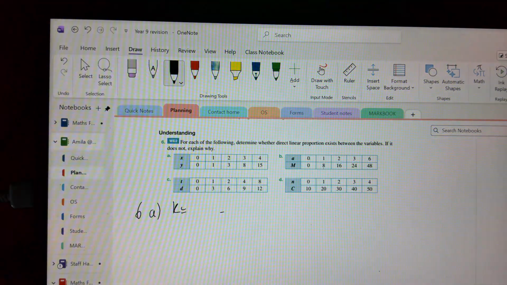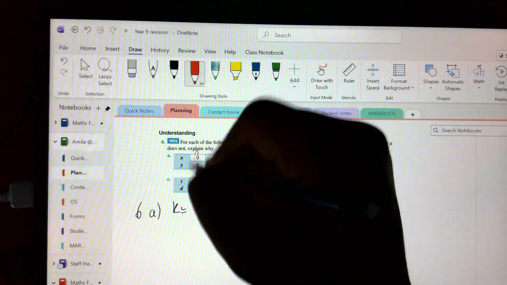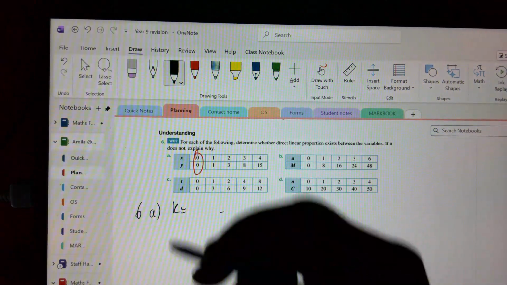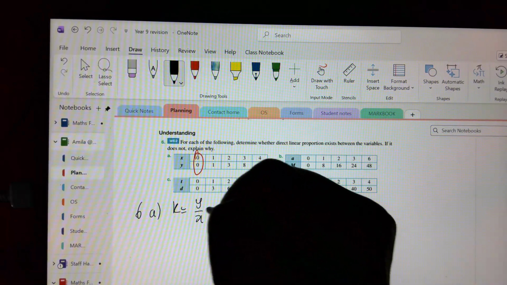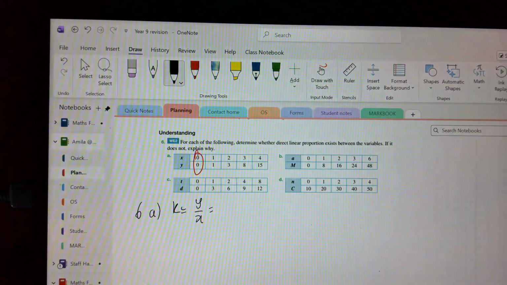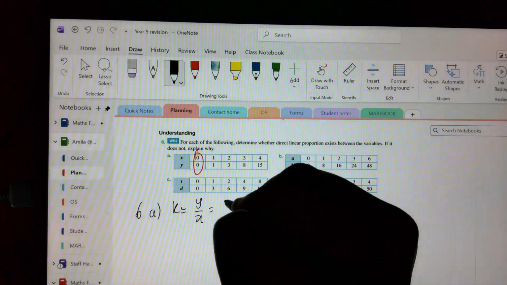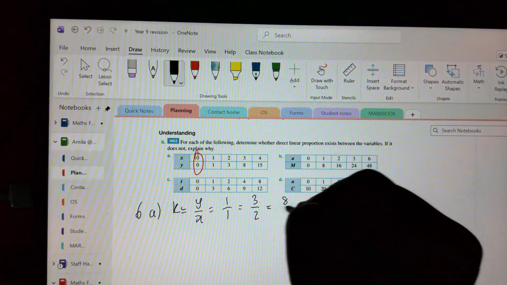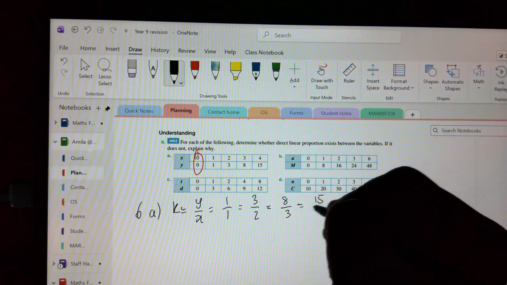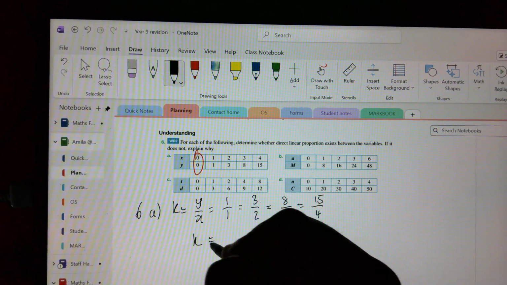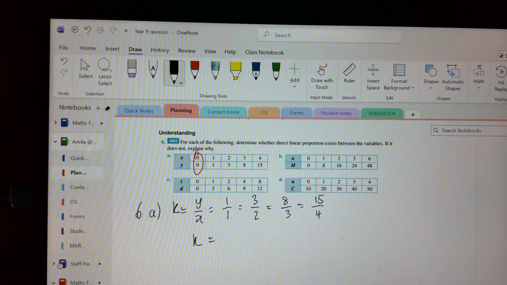So I'm going to exclude this coordinate because it starts at the origin in my calculations here. So we know k is y divided by x, so it's going to be 1 divided by 1, 3 divided by 2, 8 divided by 3, 15 divided by 4. And if it's directly proportional, all of these should have the same k value.